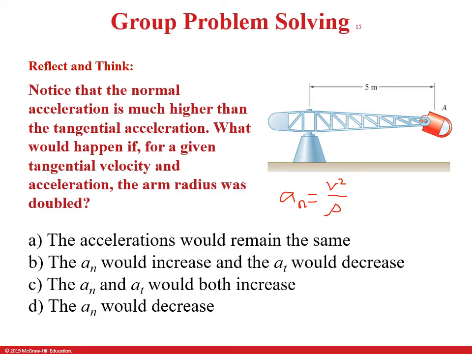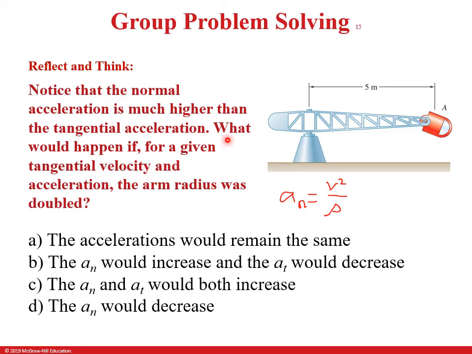If the number on the bottom of this fraction gets bigger, and the top stays the same, this number will get smaller. I'm just making sure that my logic is correct.